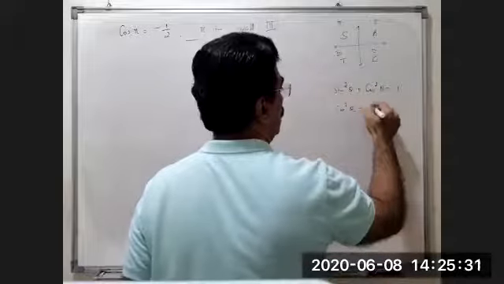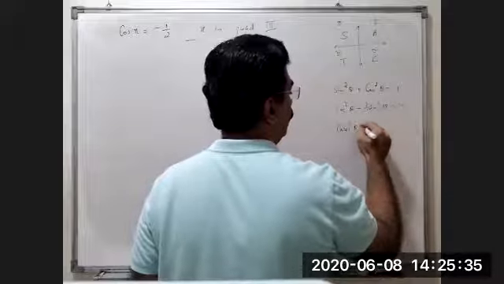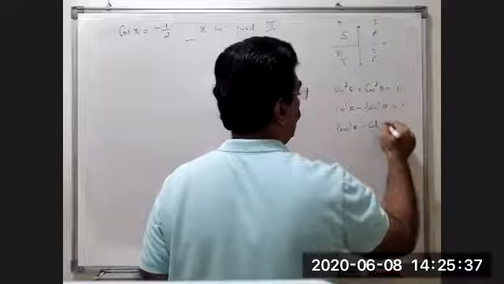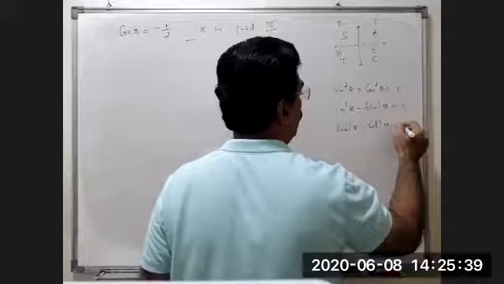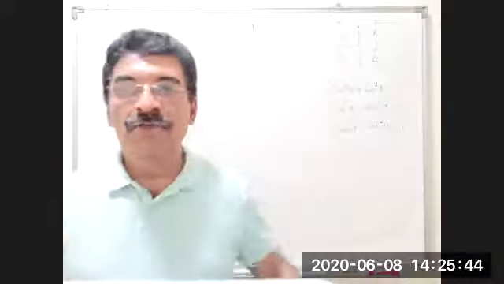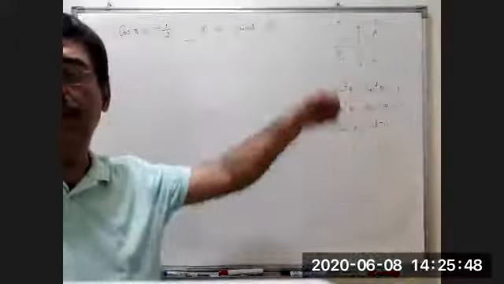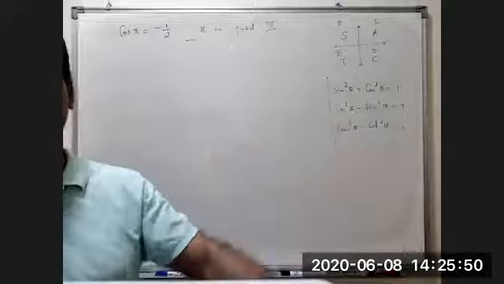And 1 plus cot square theta is cosec square theta. You did this last year. Whenever any function is given, by making use of these square relations, find the other ones.